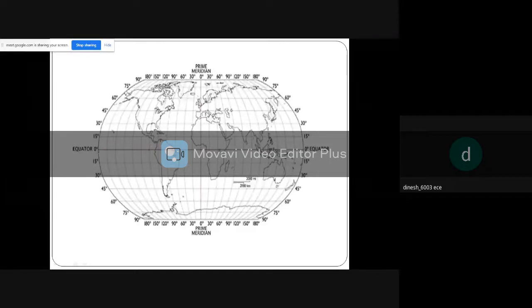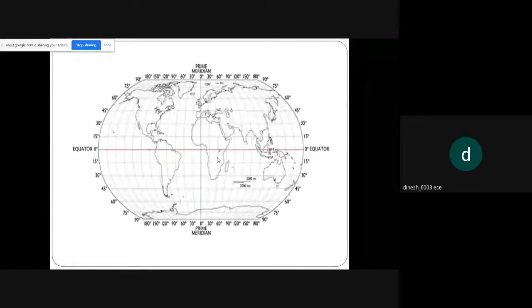At 0 degree, you can see that this goes across the continent Africa, which is at the center.